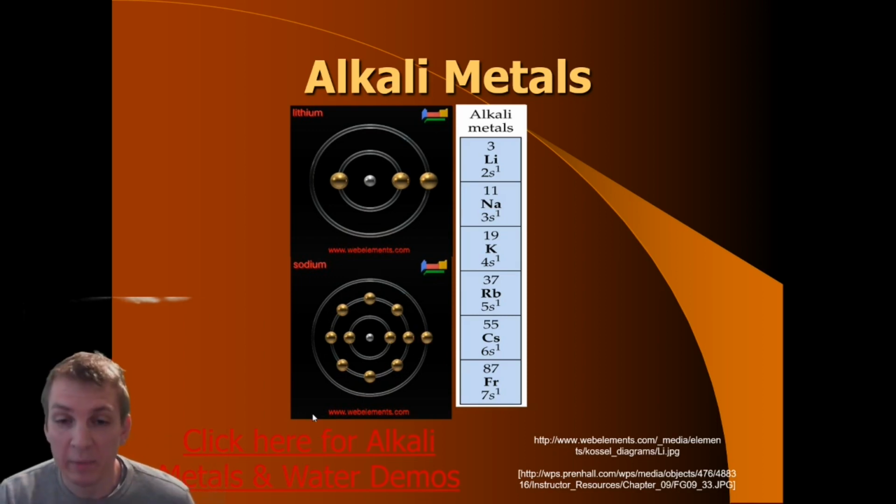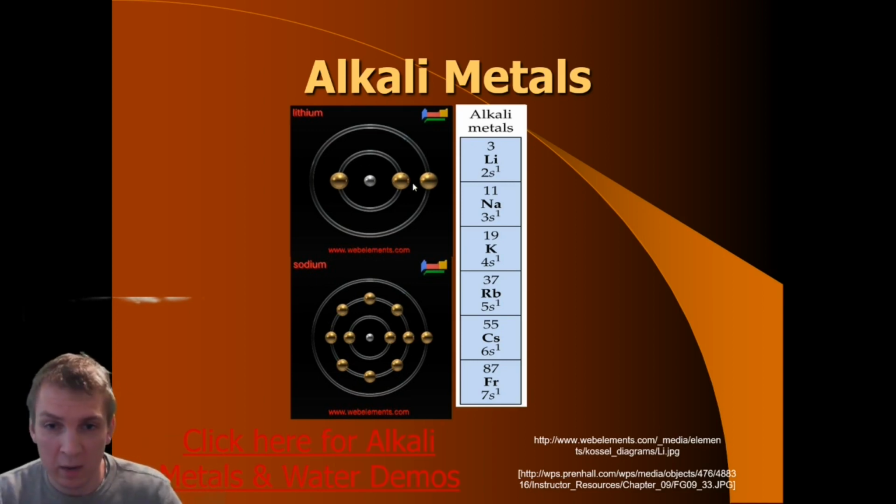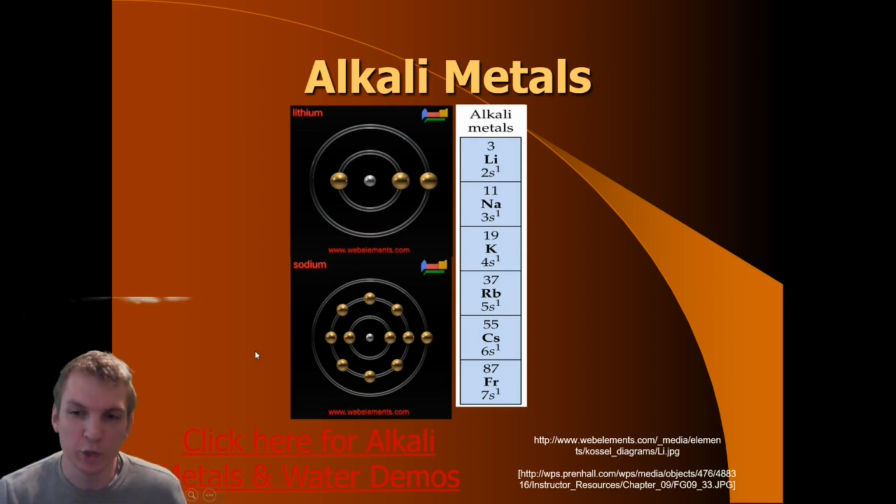The one thing they have in common, once again, is that they all have one valence electron. And that actually makes them pretty reactive elements. These metals are fairly reactive because they want to have that full ring on the outside. Both lithium and sodium want a full ring on the outside, but they have this one extra electron that's just hanging out. They are very much willing to donate or get rid of that electron.